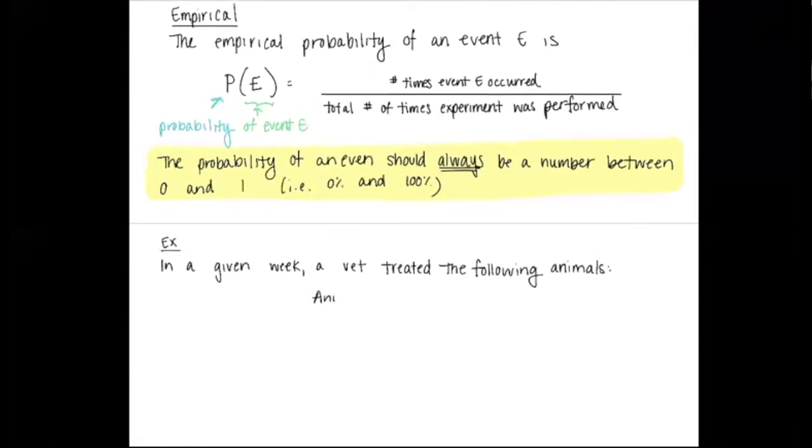We'll look at the animal, and then it tells us the number that was treated. For dogs, she saw 45 of them. She saw 40 cats, 15 birds, and 5 rabbits.